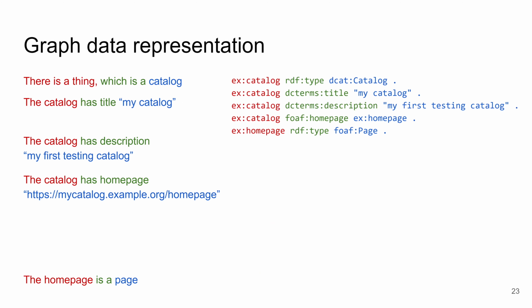Right, so the original sentences, now on the left, can be rewritten as RDF data, as graph data, as can be seen on the right. And the RDF triples on the right are read the same way the simple English sentences are read. So this is why RDF is quite a natural way of representing data in its natural graph representation.